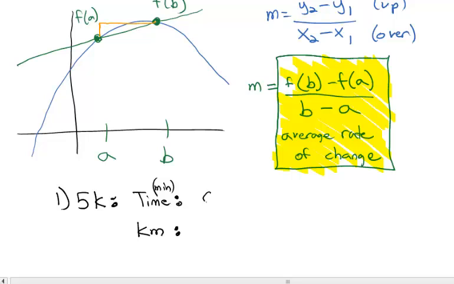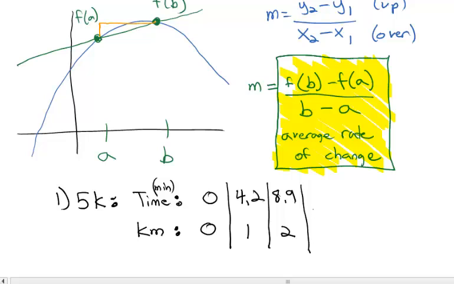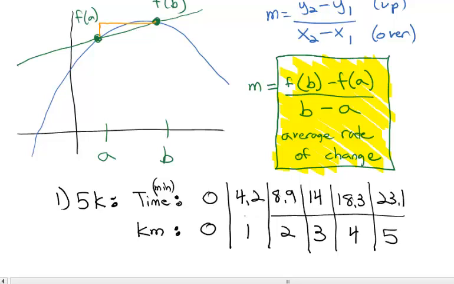So at 0 minutes, I had traveled 0 kilometers. At 4.2 minutes, I had traveled 1 kilometer. At 8.9 minutes, 2 kilometers. At 14 minutes even, 3 kilometers. At 18.3 minutes, 4 kilometers. And at 23.1 minutes, I had traveled the entire 5 kilometers.